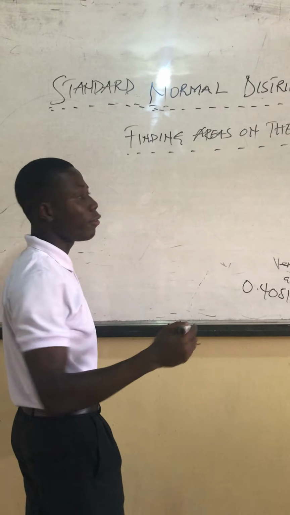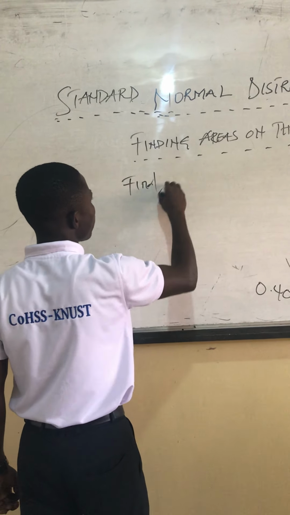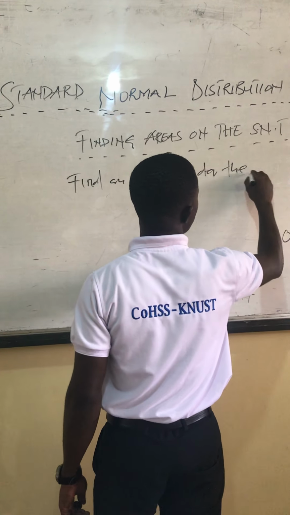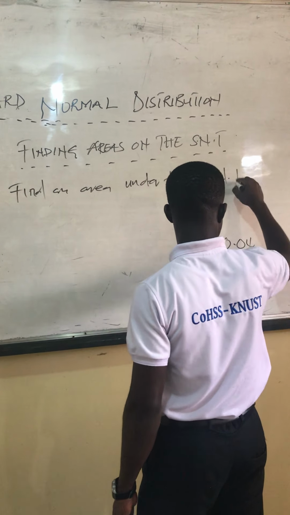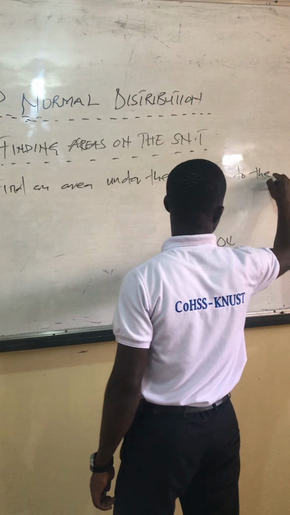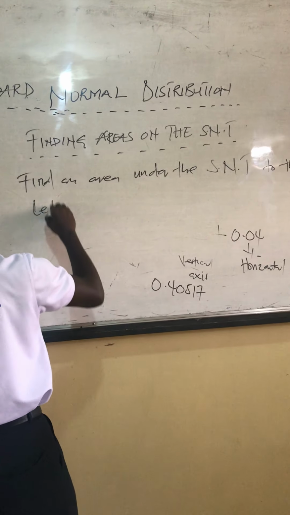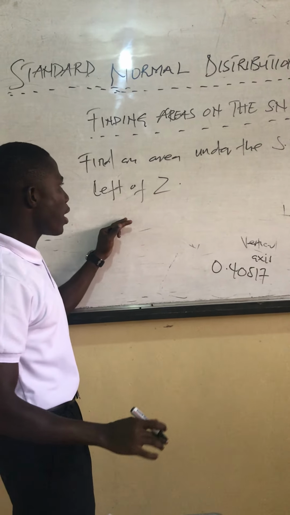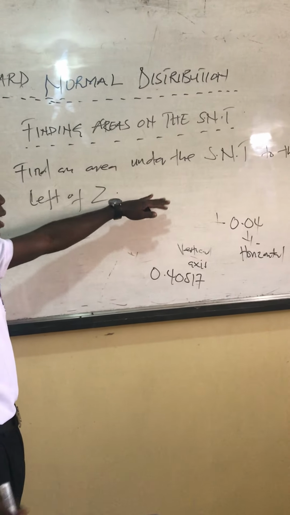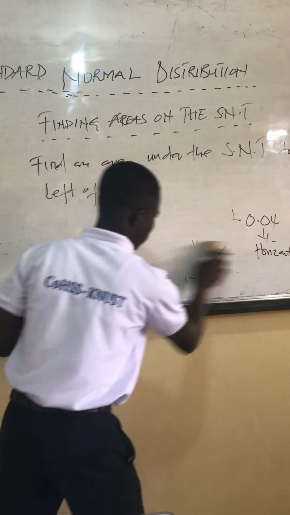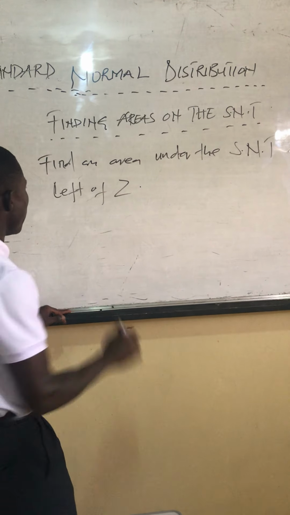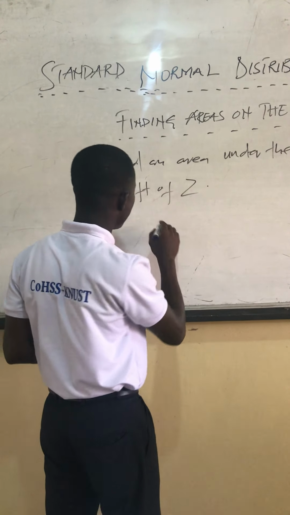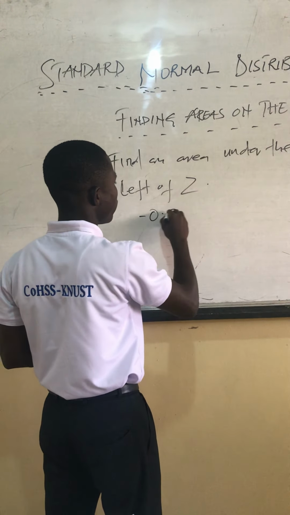So assuming we are asked to find an area under the standard normal curve to the left of z, and assuming the number you've been asked to find is negative 0.99.